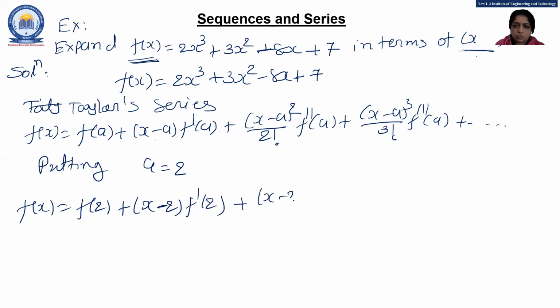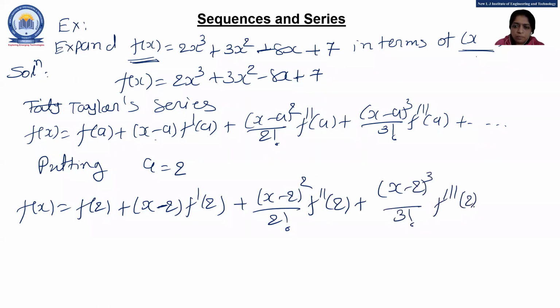Plus x minus 2 whole square upon 2 factorial f double dash 2 plus x minus 2 whole cube by 3 factorial f triple dash 2 plus up to so on. Okay, so if I call this equation 1, now I will find the values of f of 2, f dash 2, f double dash 2, f triple dash 2, and then we'll substitute all these values in equation 1 and we'll get my answer.